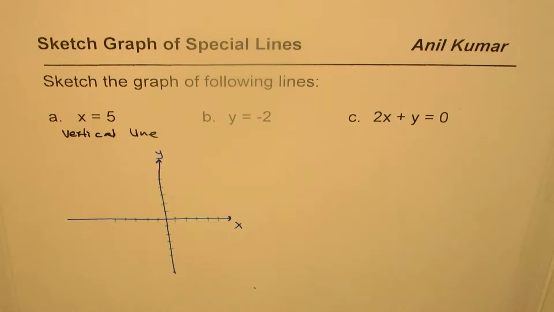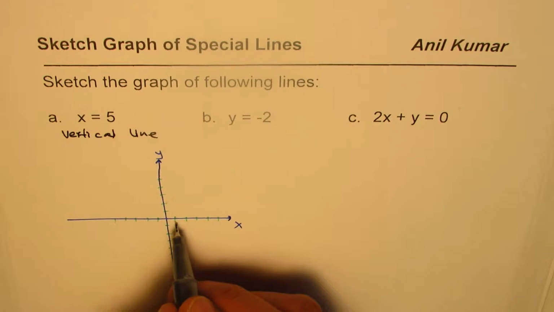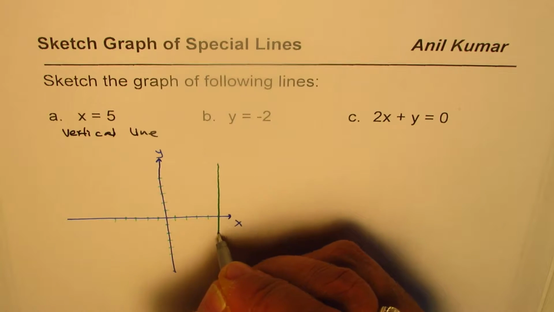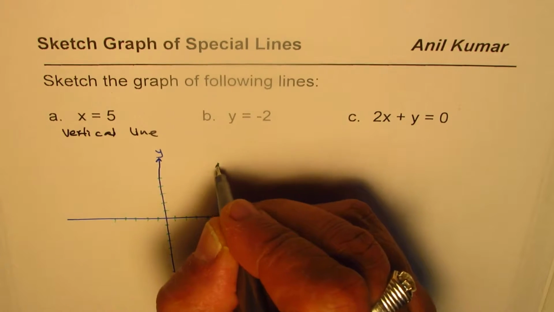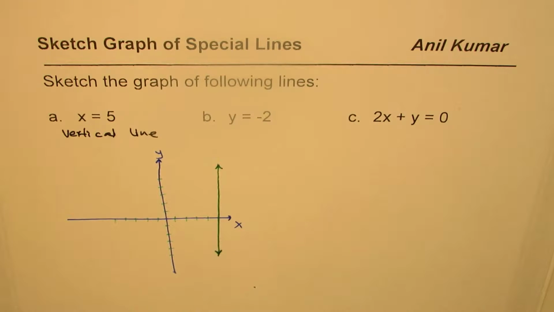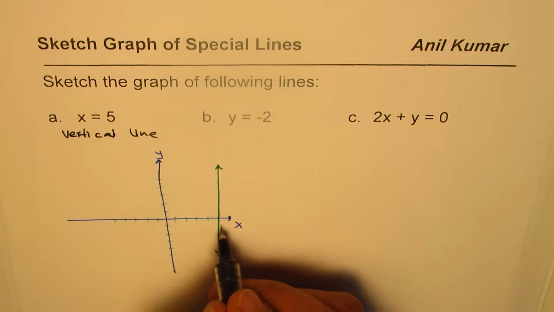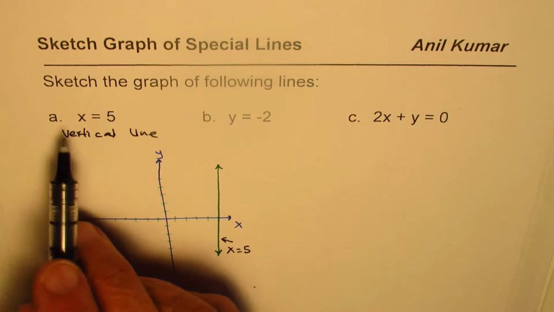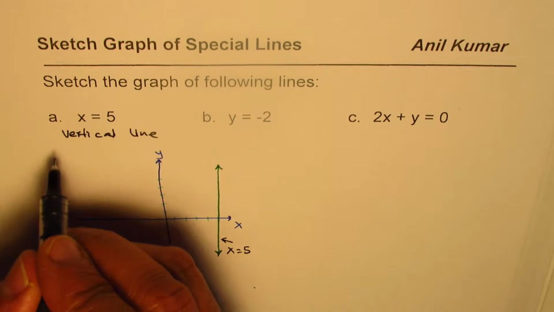So this line could be sketched as 1, 2, 3, 4, 5. So it's a vertical line which goes through x equals to 5. The x-intercept is 5 in this case, right? So that becomes the line which is x equals to 5. Okay, so x equals to 5 is a vertical line.